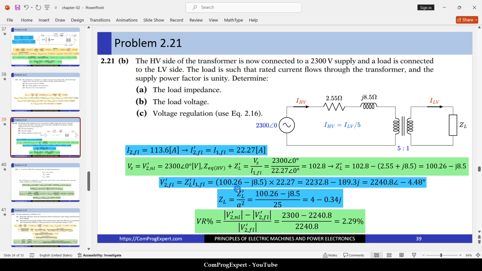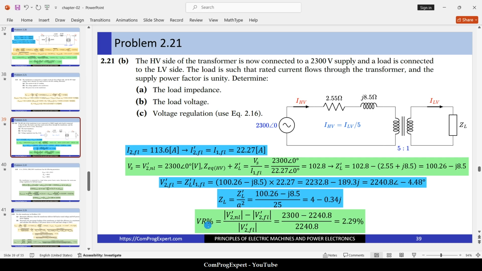Here, this equation, this is the value of the load voltage for the rated current. And this is the value of the actual ZL, ZL prime divided by A to the power 2: 4 minus 0.34j.